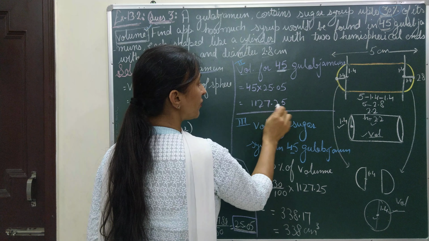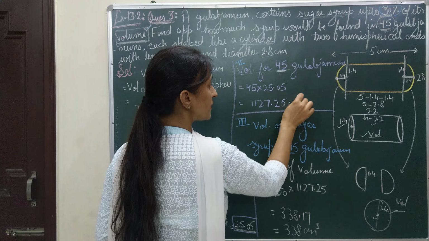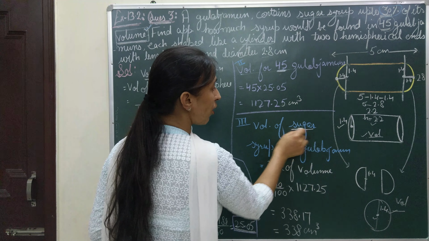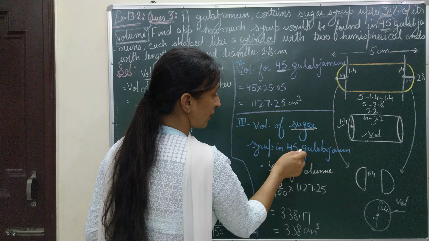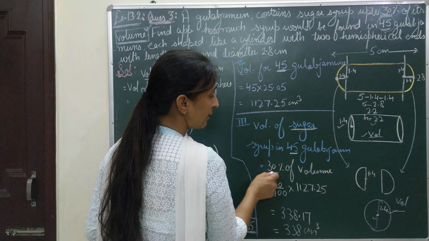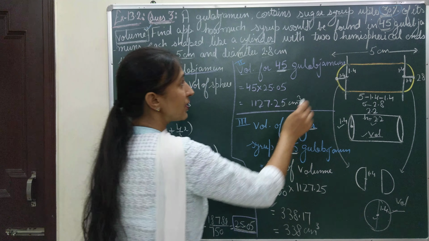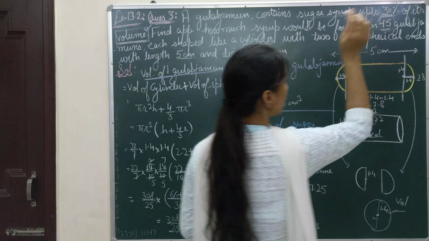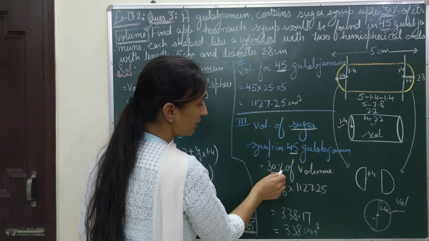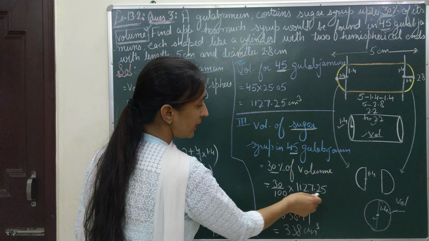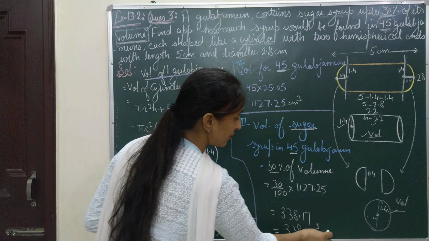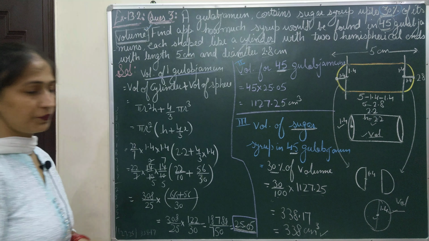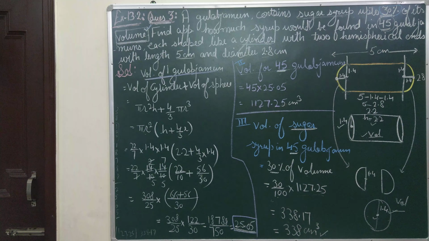We get 1127.25 centimeters cube. Now in order to find how much sugar syrup is there in 45 gulab jamuns, we take 30% of the volume, as we are given that sugar syrup is 30% of the total volume. So we are dividing this percent by 100 and solving it. We get 338 centimeter cube. Thank you.